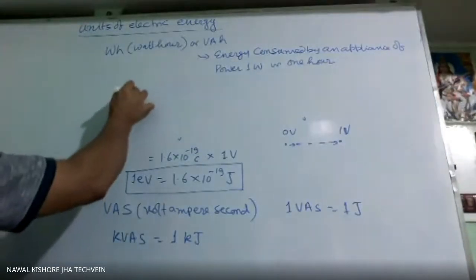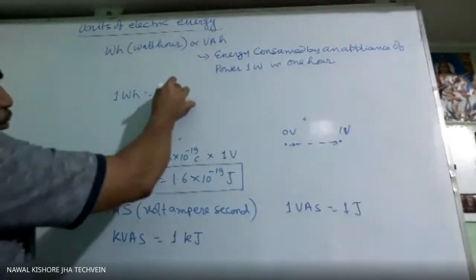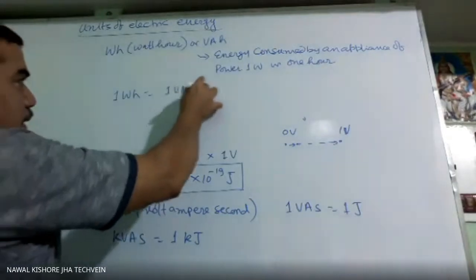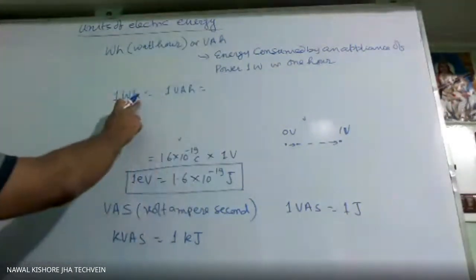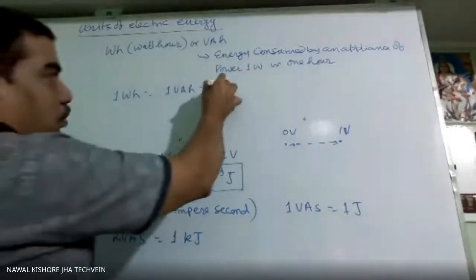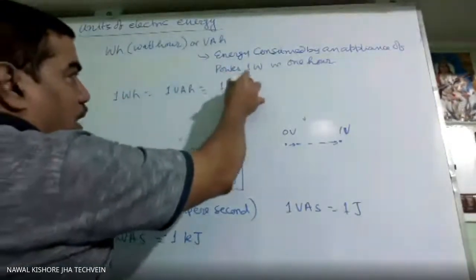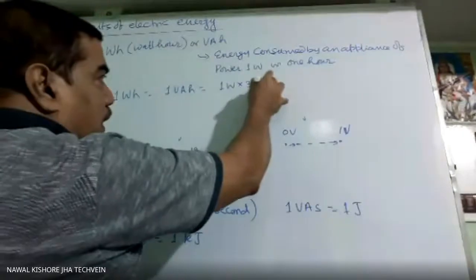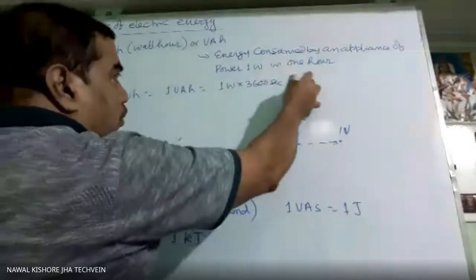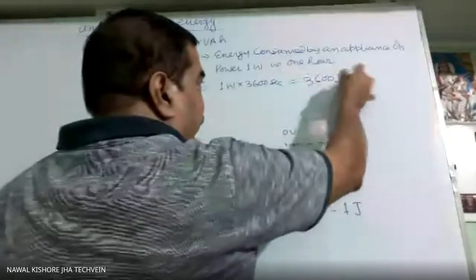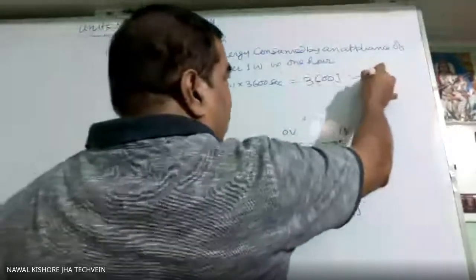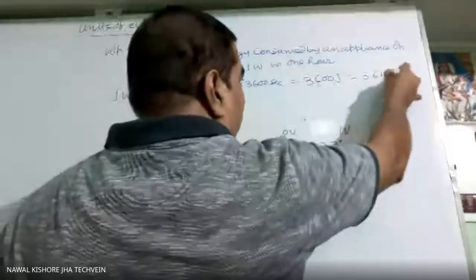So 1 watt hour means 1 VAH means 1 watt into 3600 second, 1 hour. So it is 3600 joule, or it is 3.6 kilojoule.